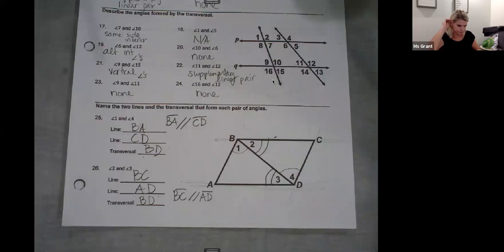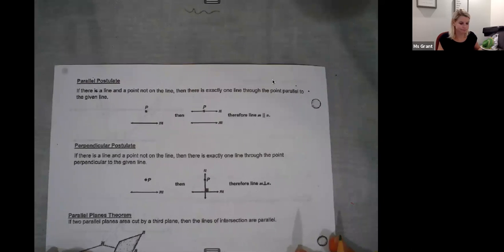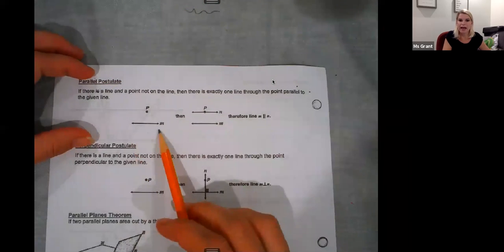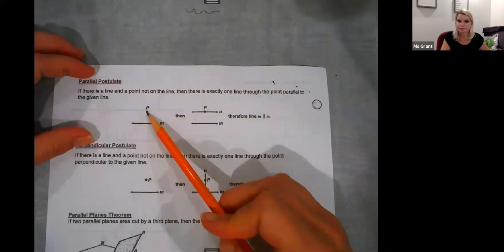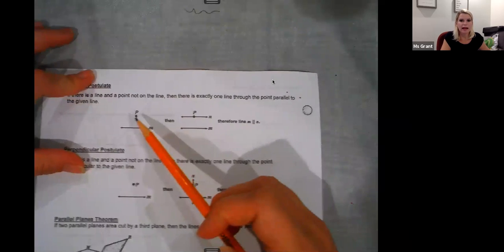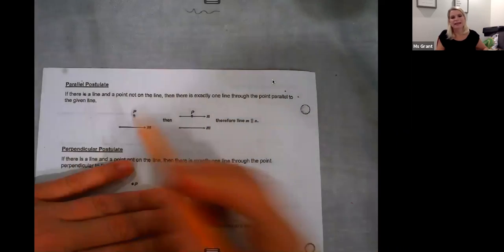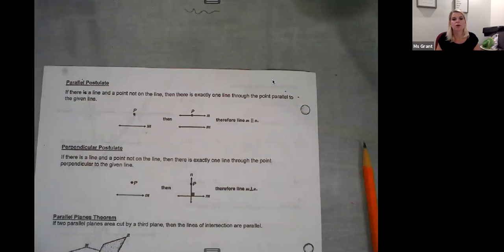All right, last bits. Parallel postulate: if there is a line, line M, and a point not on the line, point P, then there's exactly one line through the point parallel. So if I have a point and a line, I can draw a parallel line through the point.